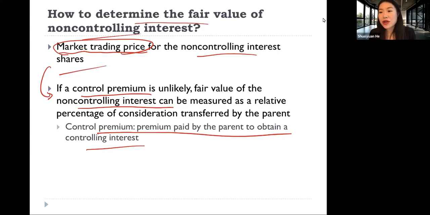If in addition we assume there's no control premium, meaning the parent is not paying more to obtain a controlling interest in the firm, then we can estimate the value of the non-controlling interest in proportion to what the parent has paid to acquire the voting stock of the firm. This is how to determine the fair value of the non-controlling interest.